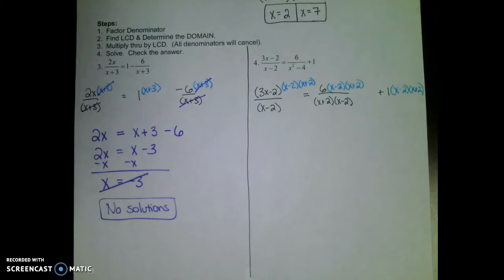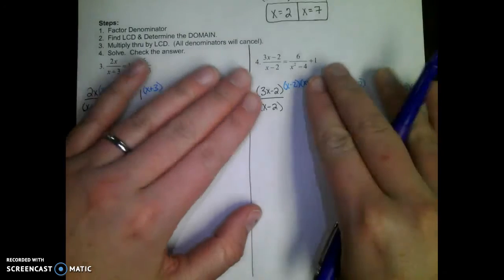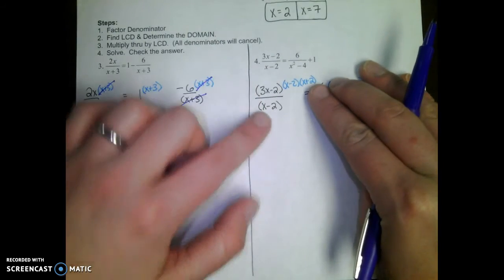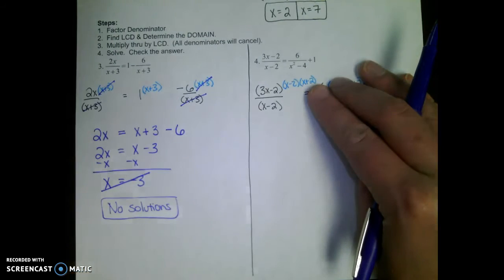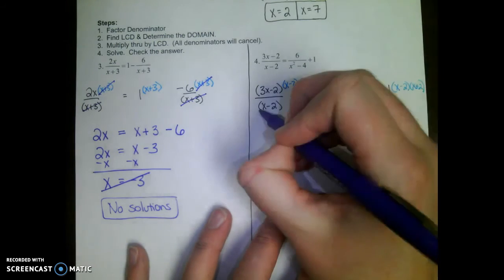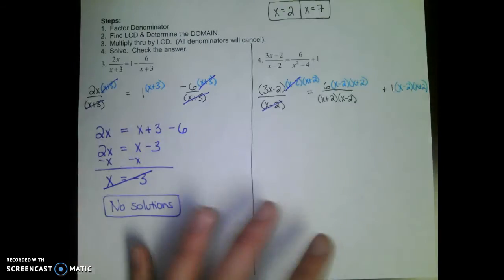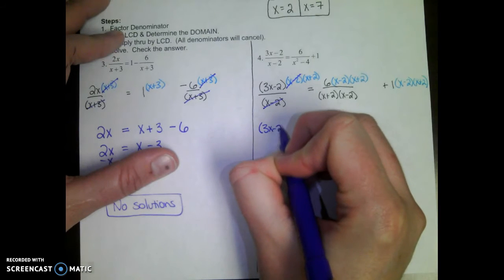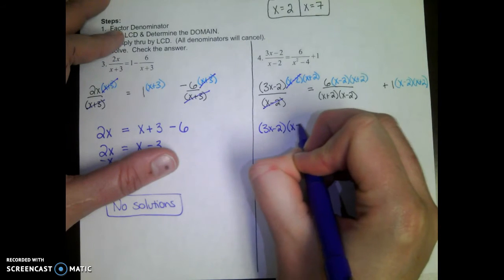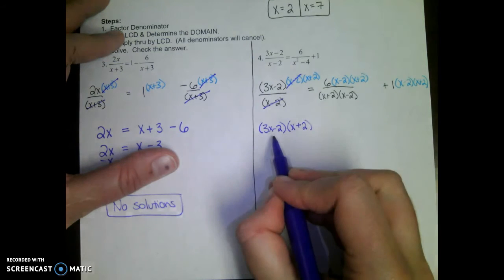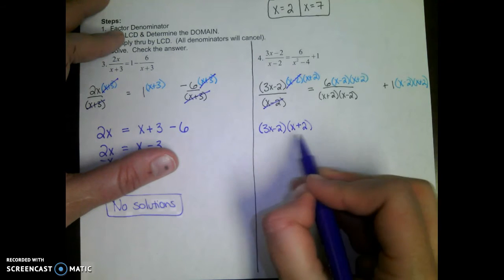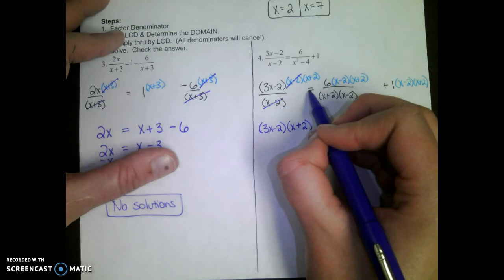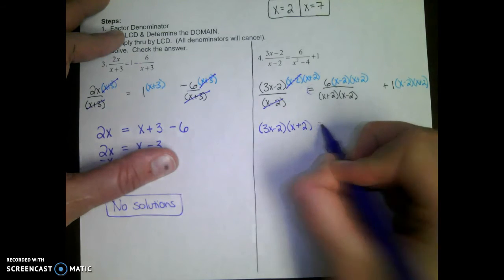Okay, now the fun part. In this first fraction, if you ignore all this other stuff, does anything cancel in this first fraction? The x minus 2 cancels, leaving us with 3x minus 2 times x plus 2. You will eventually have to double distribute, FOIL that. Then we see an equal sign.